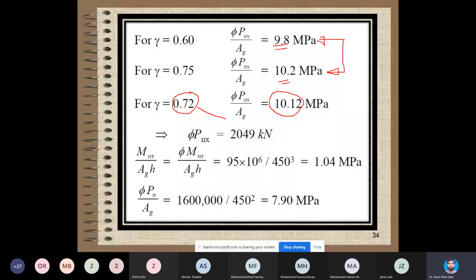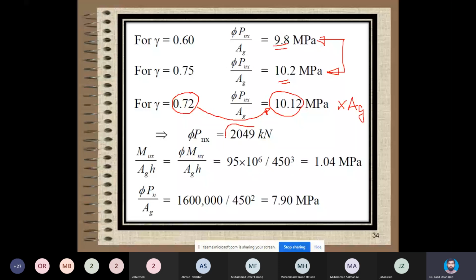Now I will multiply this with the area gross to get the axial load which this column can take when only MUY was present.